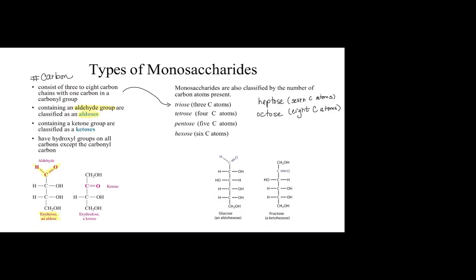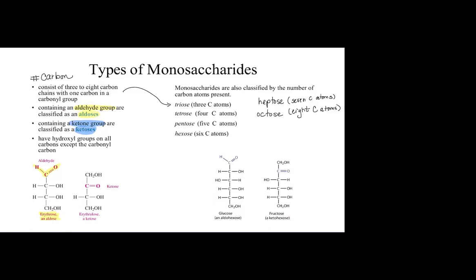We can also have monosaccharides that have a ketone group. To be honest with you, in all my training in sugar chemistry, I have never seen a monosaccharide that has both the aldehyde and the ketone in it. At least in nature, we haven't found one that I'm aware of. But if your monosaccharide has a ketone group, then it's known as a ketose.